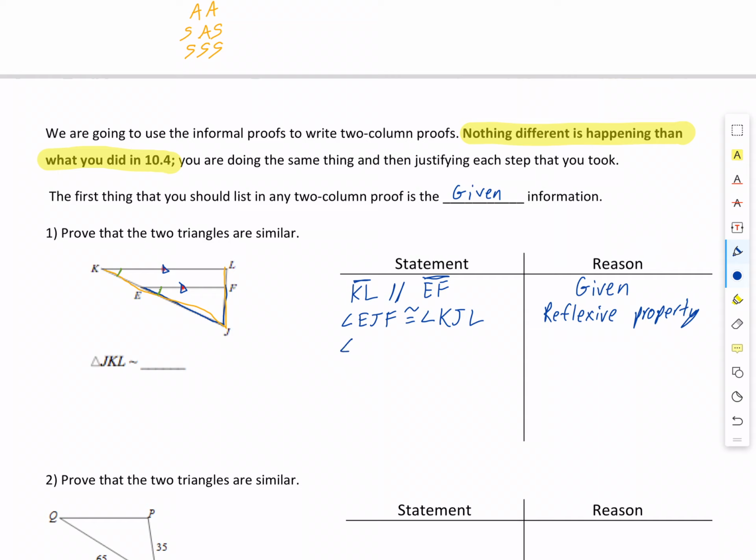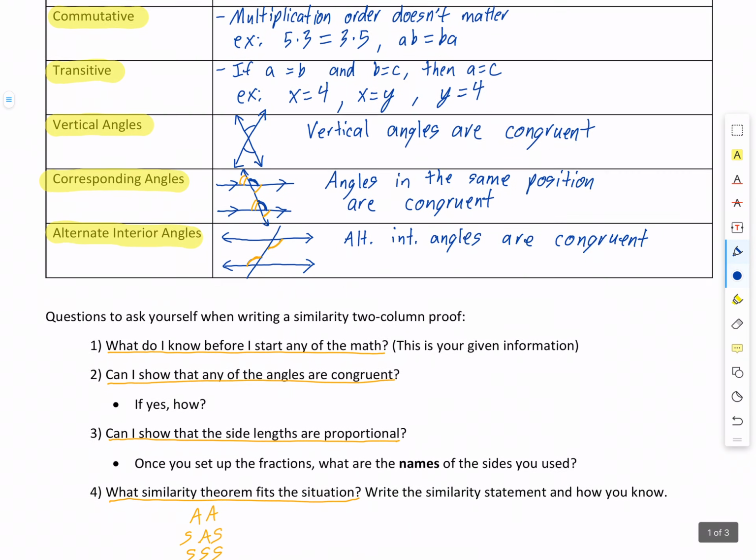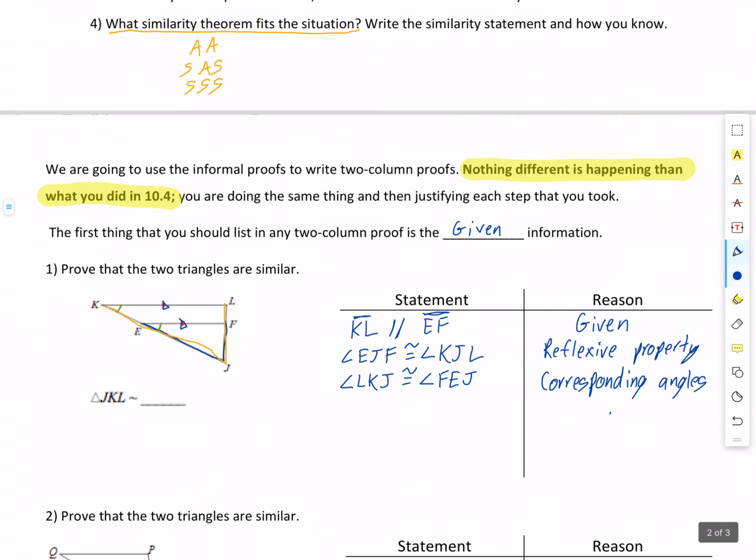So we'd have angle LKJ is congruent to angle FEJ, and that is by corresponding angles. Because again, if we scroll back up, corresponding angles are in the same position, and those two angles are in the same position.